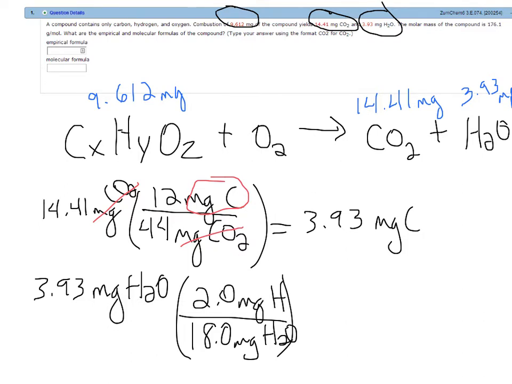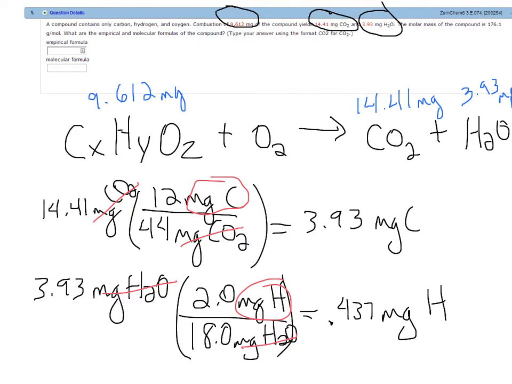So 2 over 18 is a ratio that allows you to find the number of milligrams of hydrogen within water. So I'll take on my calculator 3.93 times the fraction 2 over 18, and it works out to be 0.437 milligrams of hydrogen. Okay.